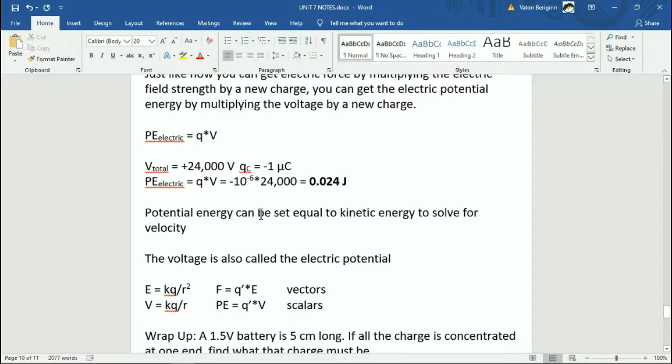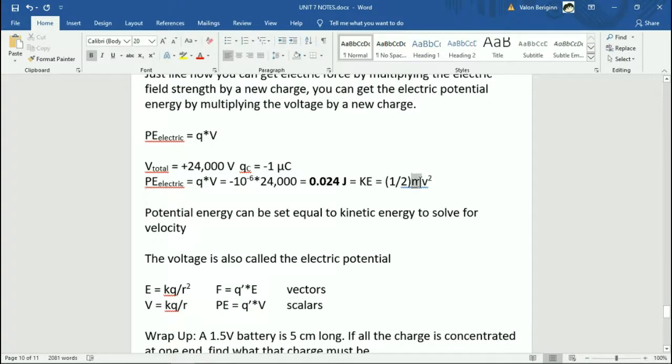Now, so for example, again, we found this potential energy here. I could then say, well, this is equal to kinetic energy, which equals 1/2 mv squared.